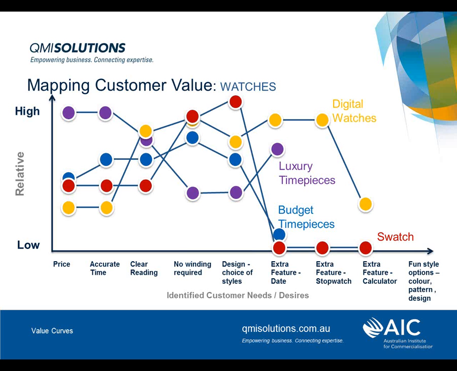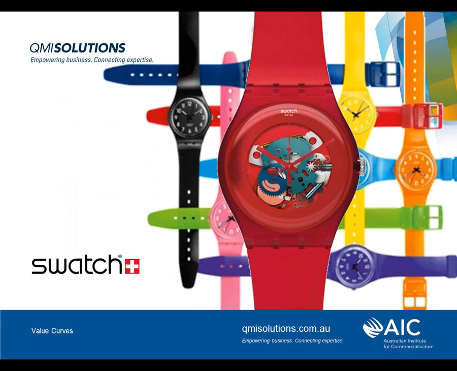So they made it a fashion item rather than simply a timekeeping item. They changed the paradigm of the industry. So the Swatch really revolutionised things, and you can see that in so many different industries when you look back over it, people offering different things, where the industry has changed.